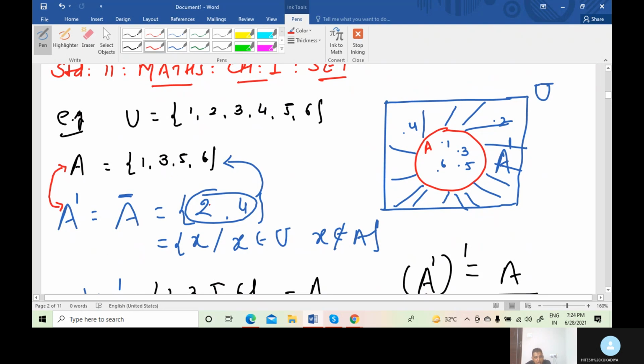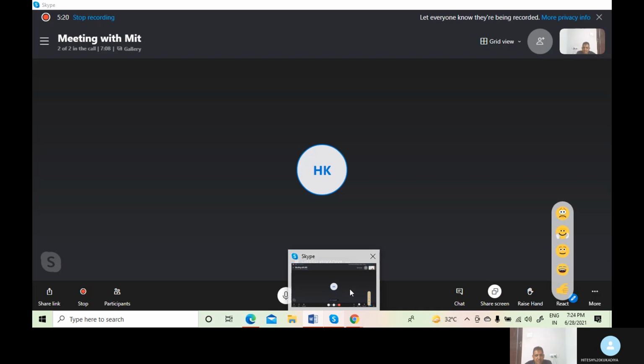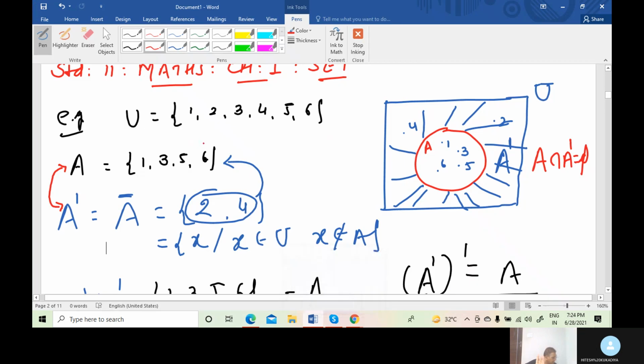Which elements are common? None, sir. So the most important property: the intersection of A and A dash is always the null set. Always the null set. Clear, students? A intersection A dash is always the null set. Remember this, students. Okay.